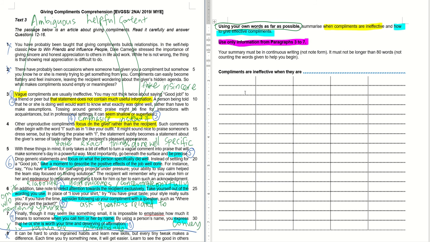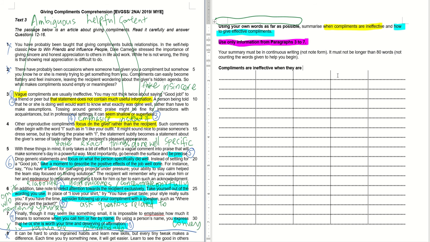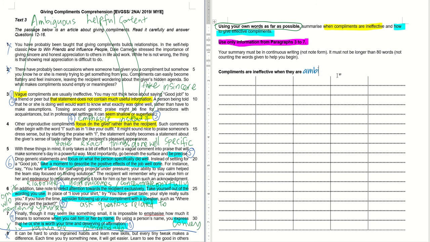Okay. Now is the difficult part, which is that you have to write in continuous writing. I am going to just write from here. So compliments are ineffective when they are ambiguous. Why are they ineffective?